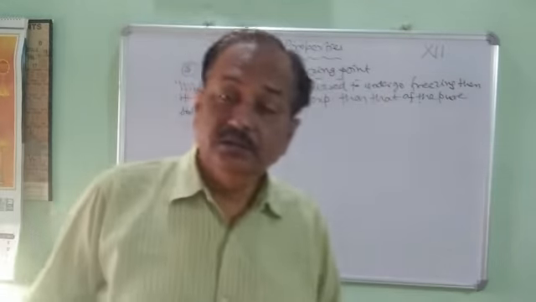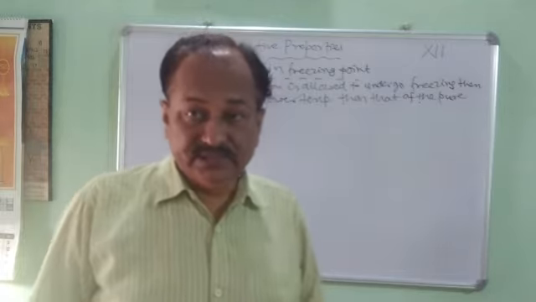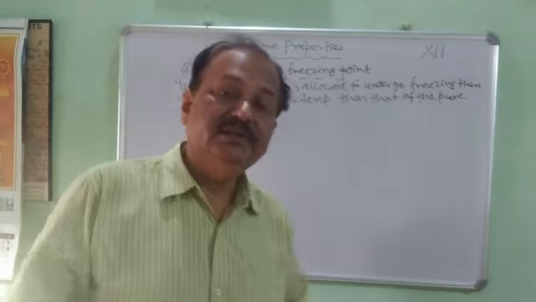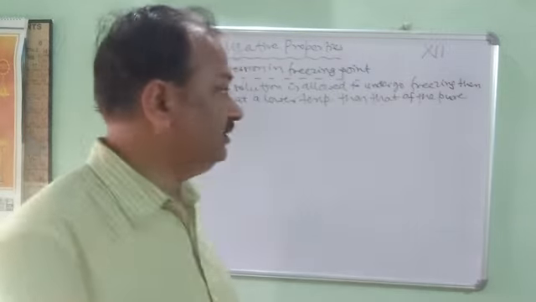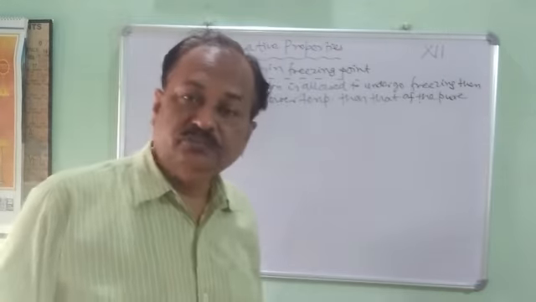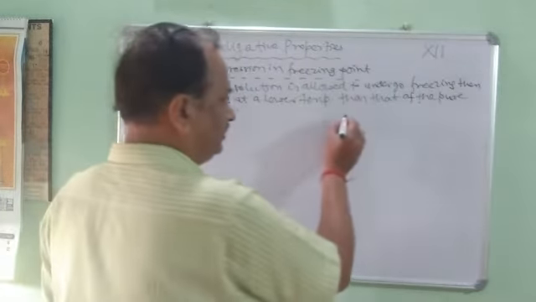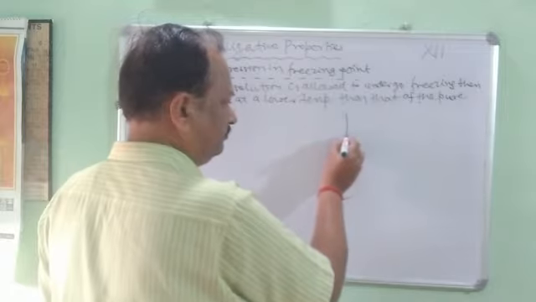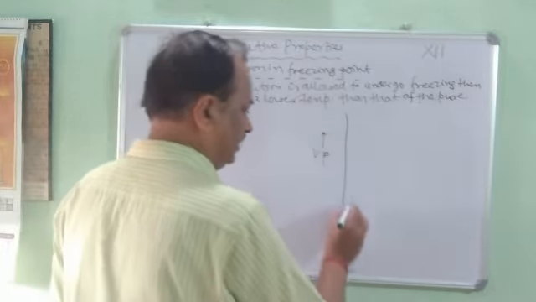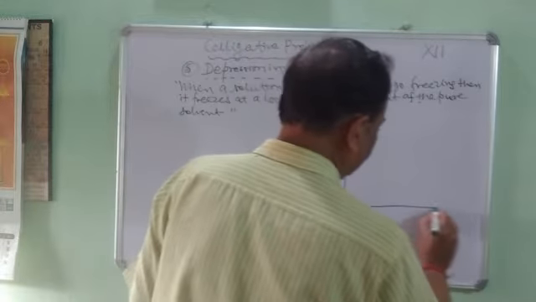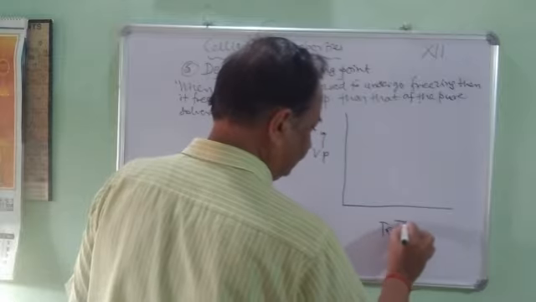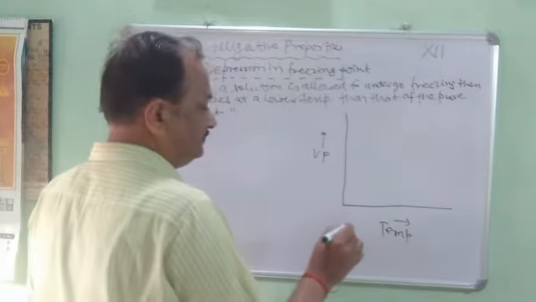Now you will see the graphical representation of this depression in freezing point, how you can represent it graphically. So children, similar to the elevation in boiling point, on one axis we'll have the vapor pressure, and on the other axis there will be the temperature.